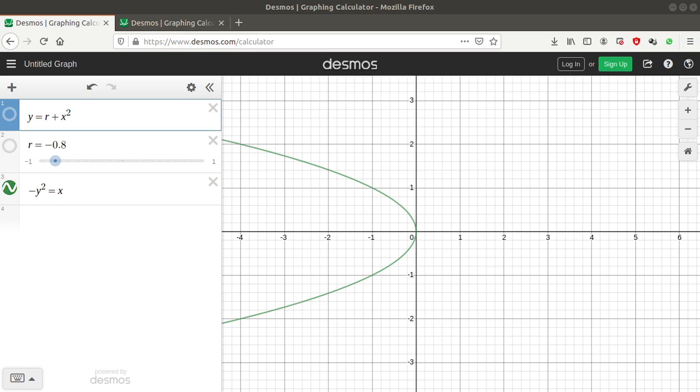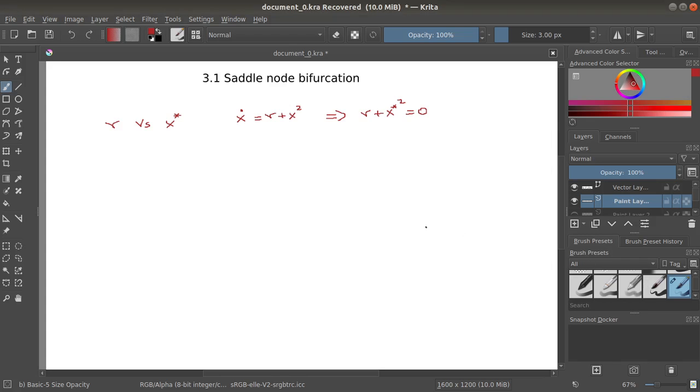Now let's see one example. The example we are going to discuss is the following. x dot is equal to r minus x minus e to the power of minus x.